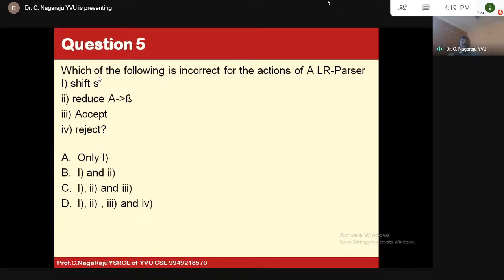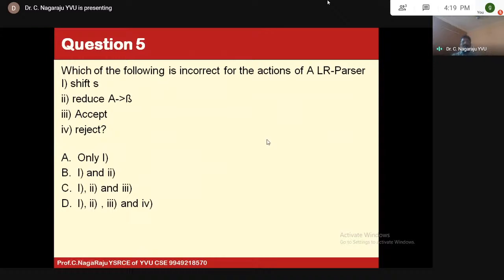The actions are shift, reduce, accept, and error. Is there any reject? Error means rejection: if you find an error, it rejects. Reject is not an action.